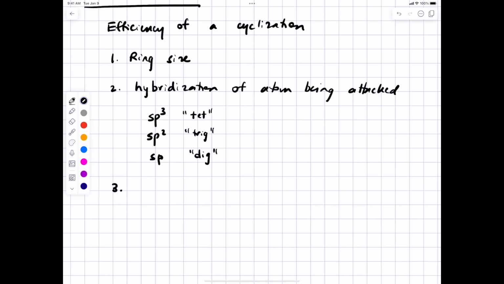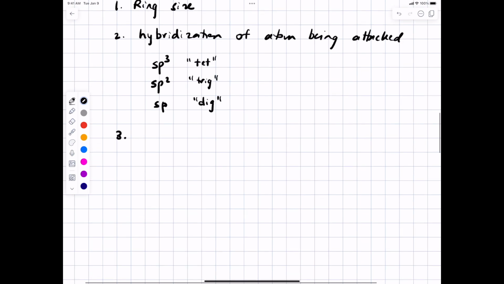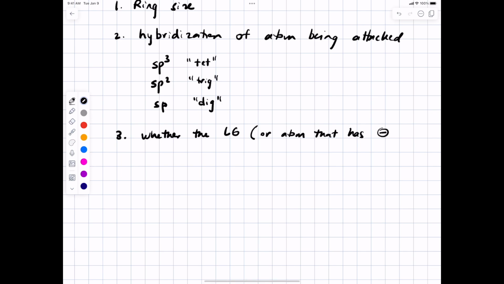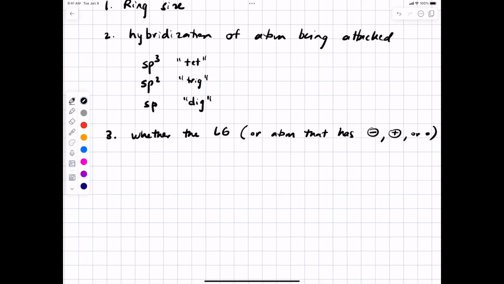And then the third factor is whether the leaving group on the atom being attacked, or alternatively, if it's not a substitution reaction, if it were attacking a carbonyl group, the atom that has a minus charge, a plus charge, or a radical in the intermediate, is inside the new ring.